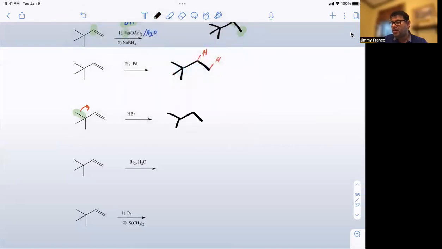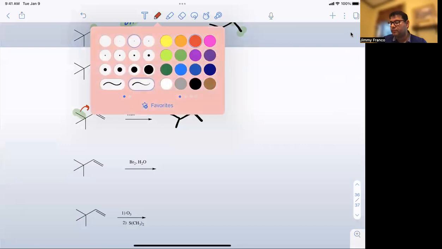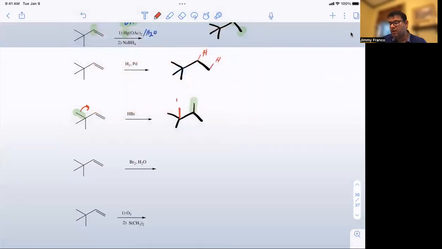The methyl group moves over to where the double bond was, and now my bromine adds there. It's because we made a secondary carbocation, then we got a methyl shift and it moved the carbocation to a tertiary, and then my bromine can add. So we get that methyl shift.